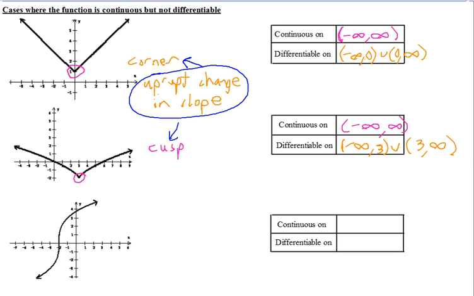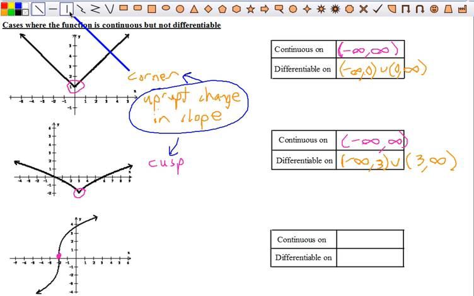And the last case, that's what we've got here. No corner or cusp, but if you look right here at negative 2, hard to tell exactly what that is, but right there at negative 2, we've got actually a tangent line, but it's actually a vertical tangent line.